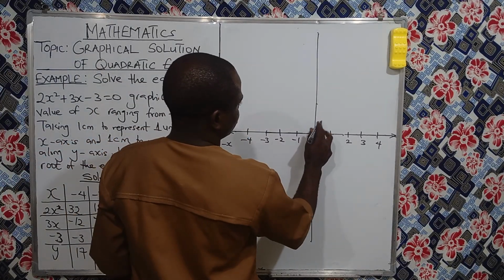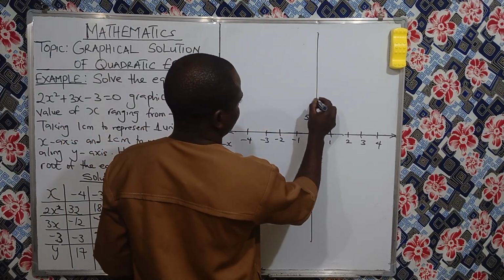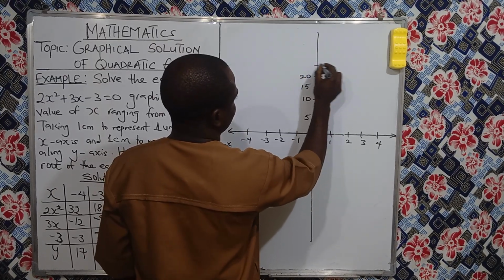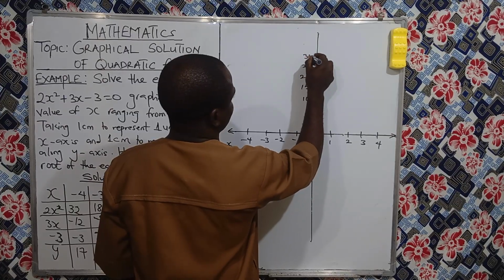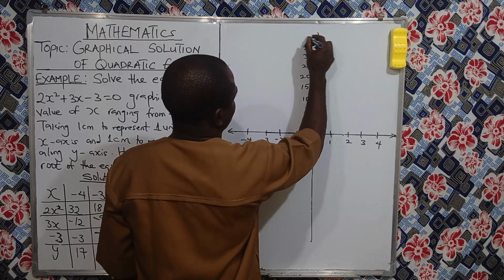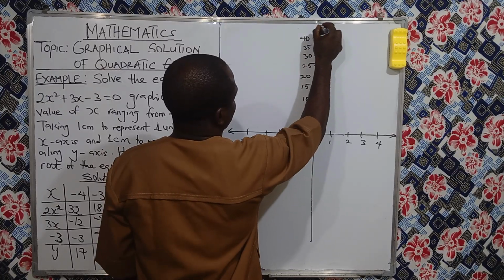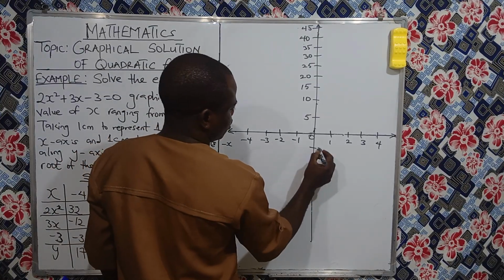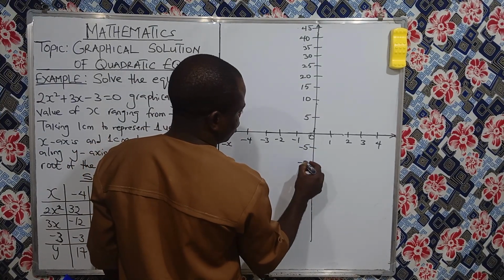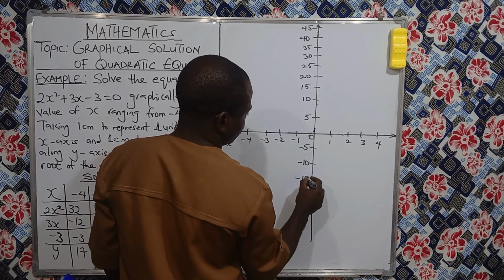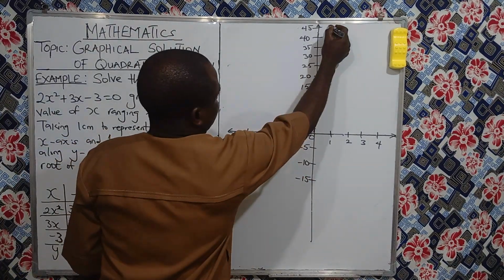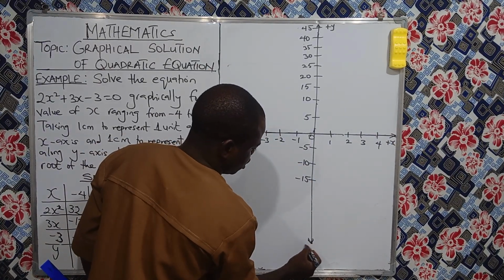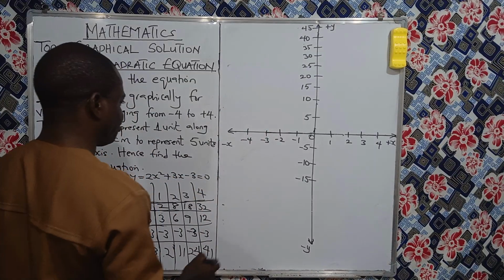What you do is just make it 5, 10, 15, 20, 25, 30, 35, 40, 45. This one will be minus 5, minus 10, minus 15. This is the positive y axis, positive x axis, negative y axis.